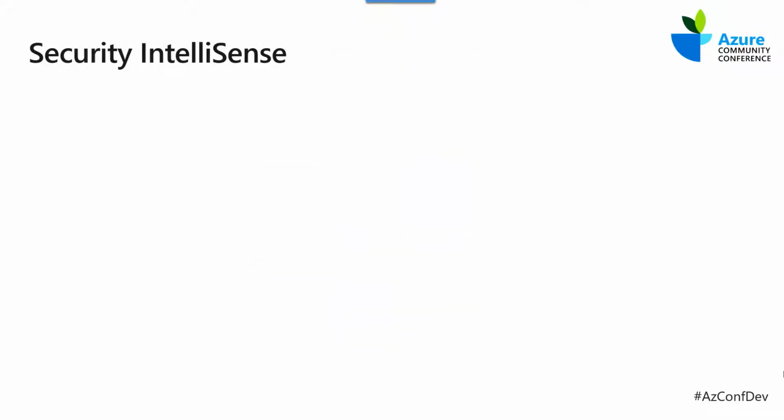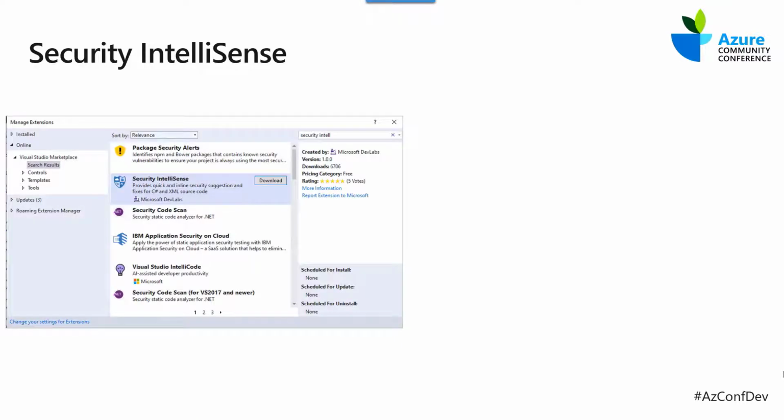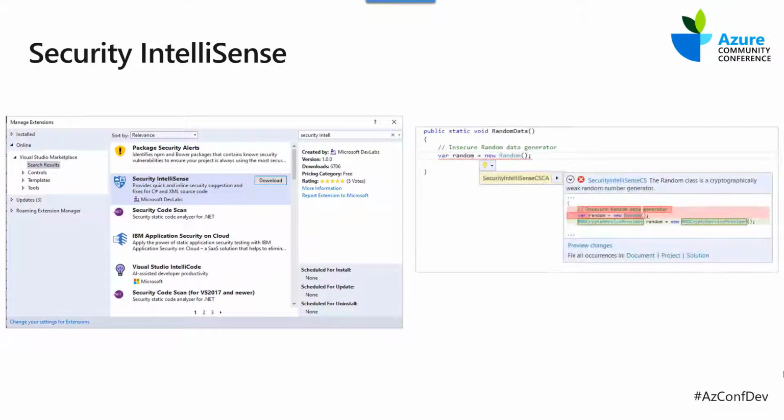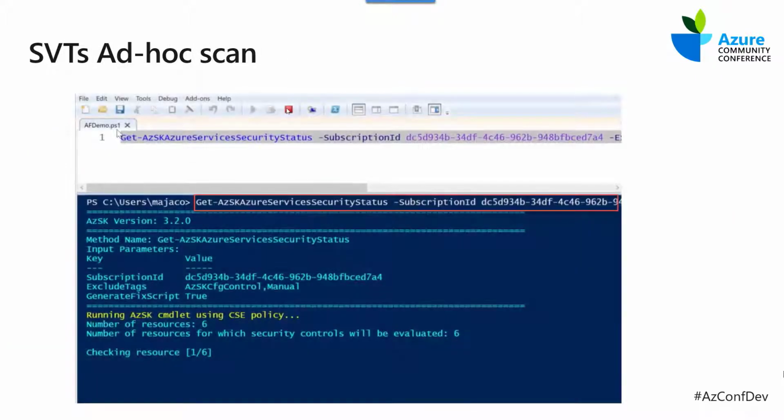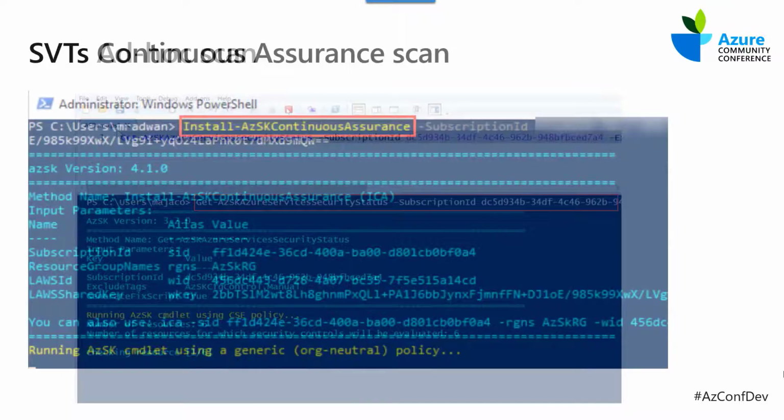So for example, when we look at the security intelligence, we can see that we need to install the extension as a Visual Studio extension. Once we install that extension, it will prompt for security intelligence as a part of the code. Also for the ad hoc security verification test, which will be run from the command line.